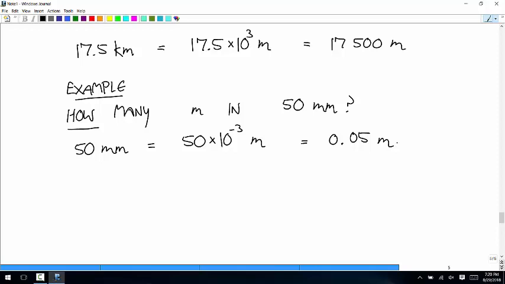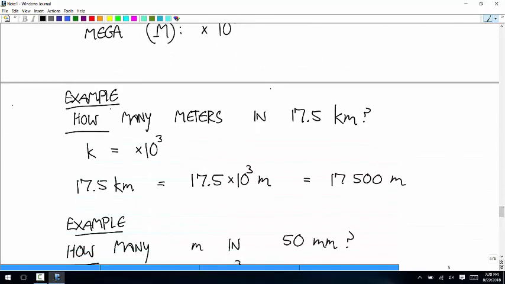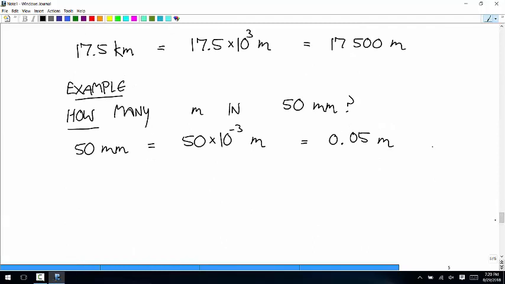Okay, so both of these examples that I did there, I was going from something with a prefix to something without. If you're starting with something with a prefix, going to something without, it's easy, you just replace it. If you're going the other way, you're going from something with no prefix to something with one, then you have to think of it as like a unit conversion.